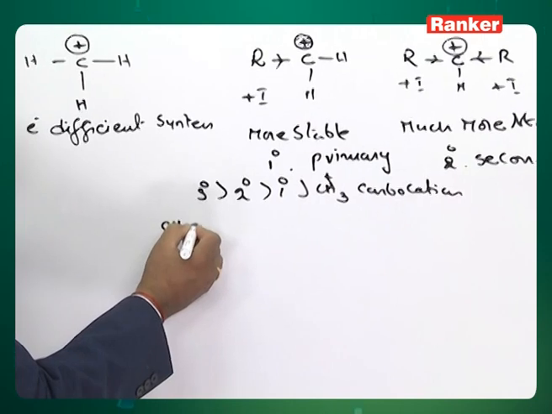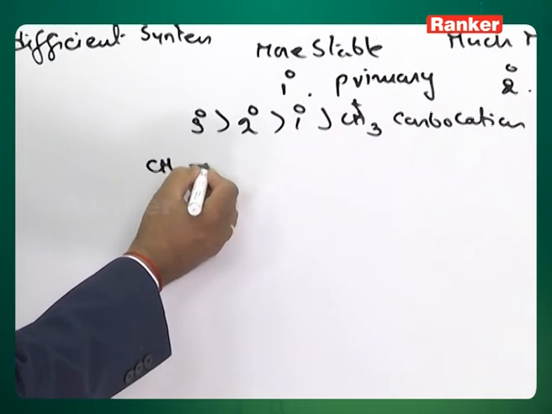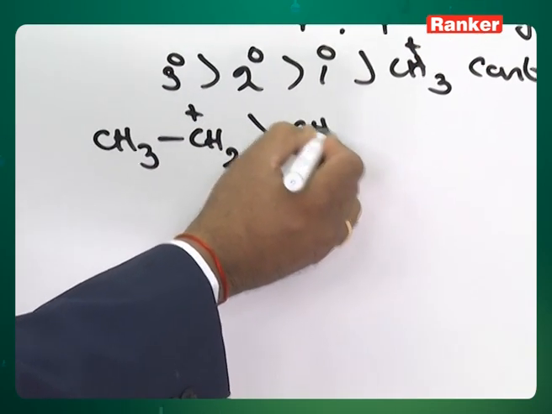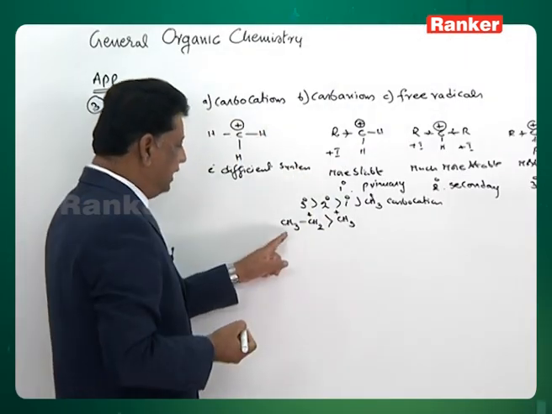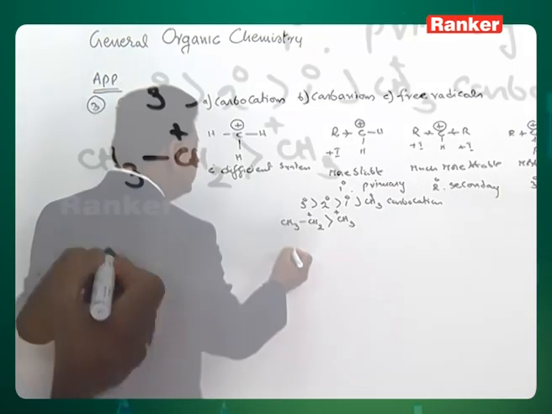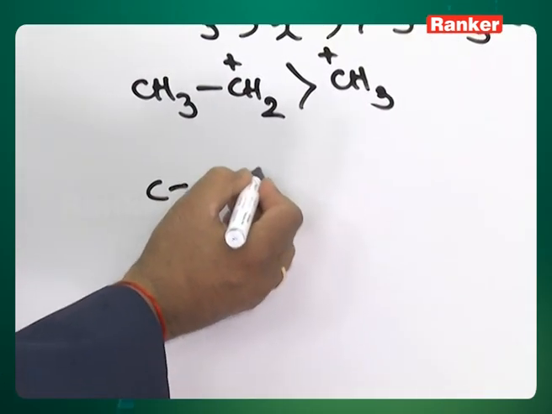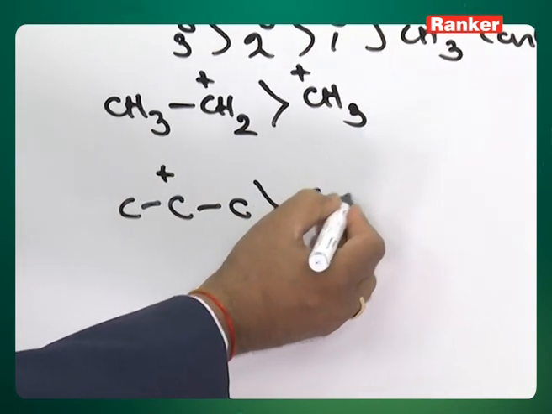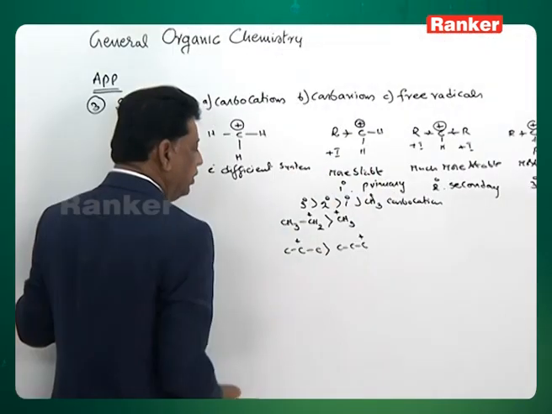Ethyl carbocation is more stable than the methyl carbocation, because one methyl is acting as a plus I group. Similarly, N-propyl carbocation and isopropyl, if you take, isopropyl is more stable than the N-propyl. Okay.